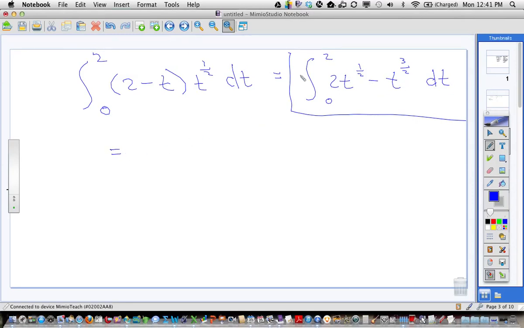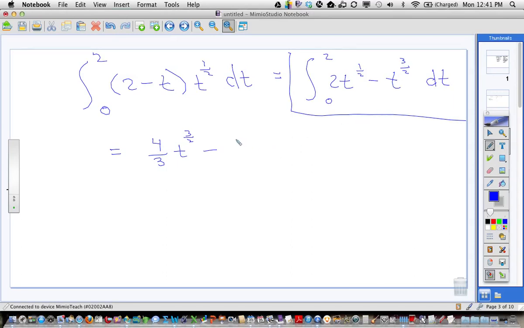So what do we do? Raise that up to 3/2, divide by 3/2. Dividing by 3/2 means times 2/3. What's 2/3 times 2? 4/3. So this would be 4/3 t to the 3/2. Minus, raise that up one, that'd be 5/2.